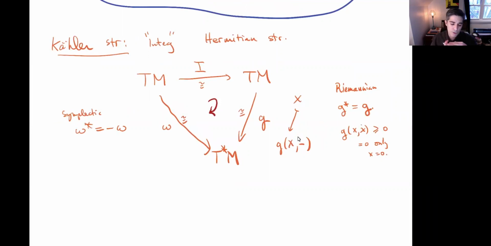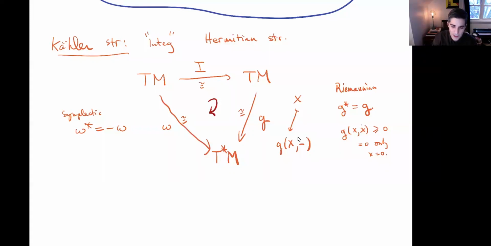If you have both of those, you can produce the symplectic structure by just composing I with G. If you have only the symplectic structure and the metric structure, you can produce the complex structure by just composing omega with the inverse of G. So you have this 2 out of 3 behavior: any two of the structures determine the third. And a better way of saying it is that the compatibility condition between two structures is that when you compose them, the third structure is what it's supposed to be.